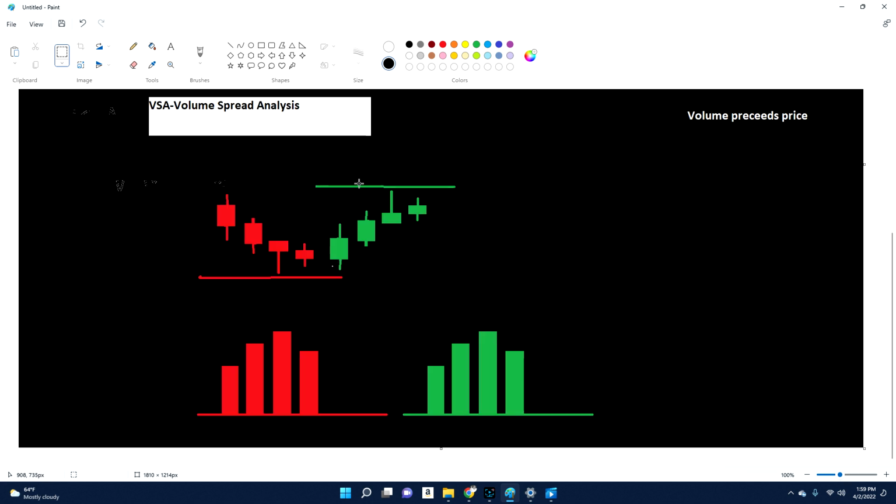Well, what happened is volume was telling you before this turn happened, before you saw this green candle, volume was telling you, hey, watch out. The sellers are losing strength. Not only is the price not descending as fast and as bold as it was before, but more volume is not making it go down.